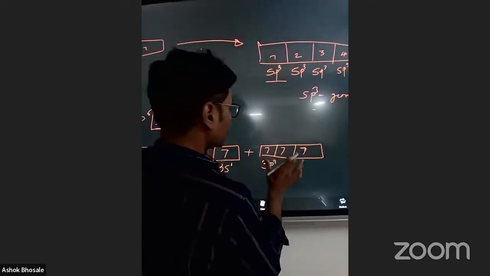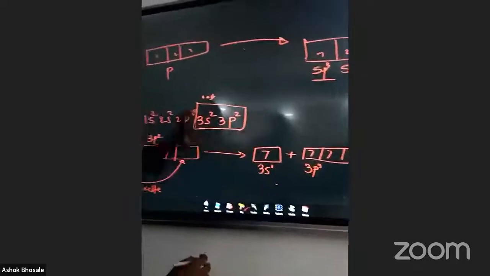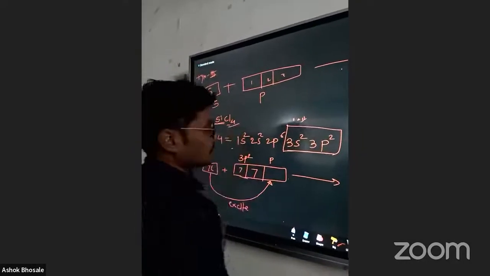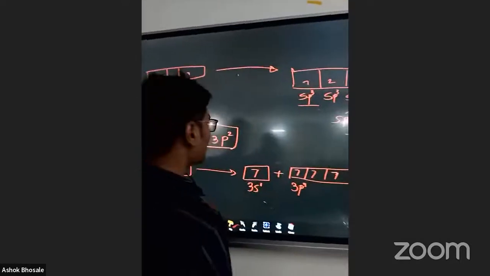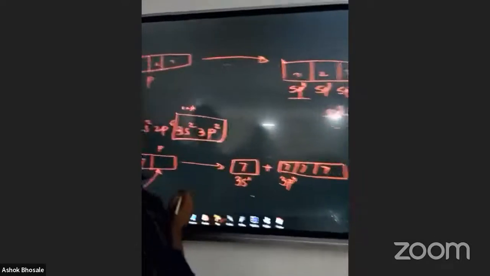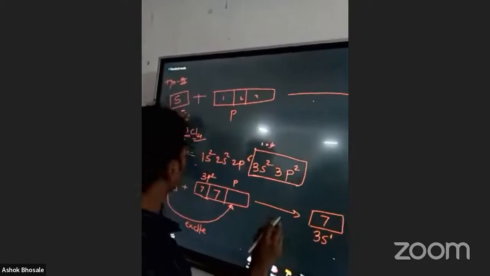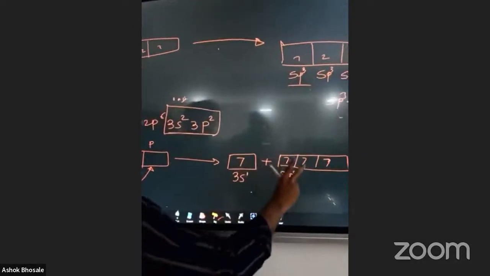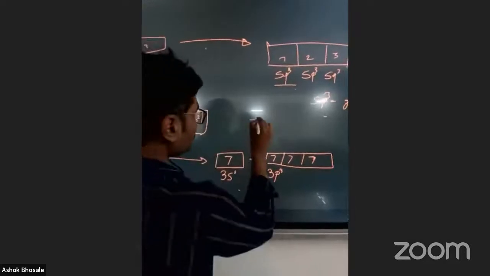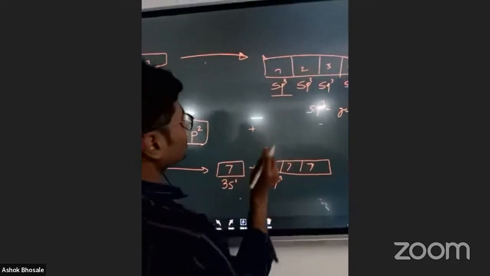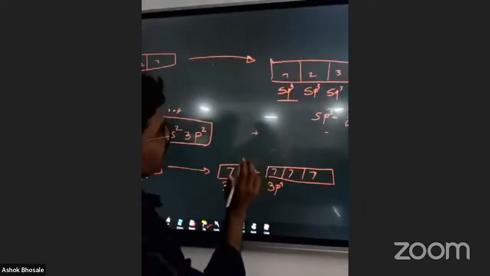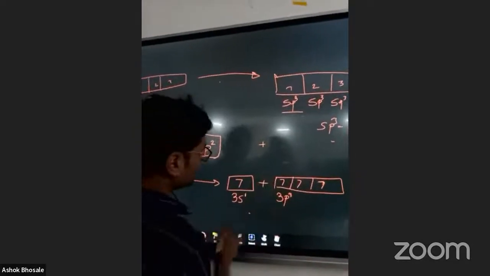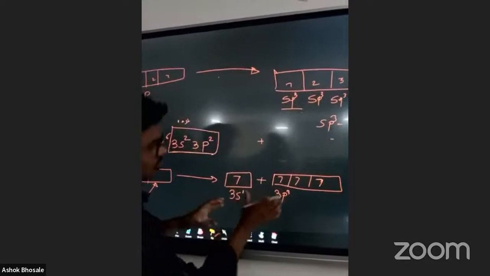These unpaired electrons will form bonds with the 4 chlorine atoms. For the bond formation, the silicon must contain the 4 unpaired electrons. Here are the 4 unpaired electrons. Also, each chlorine atom must have 1 unpaired electron for the bond formation with the silicon atom.